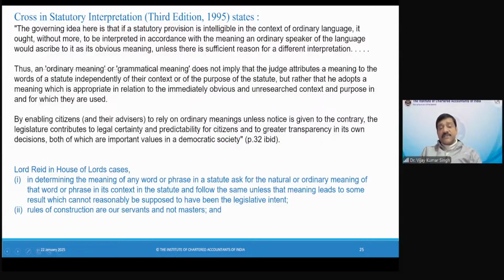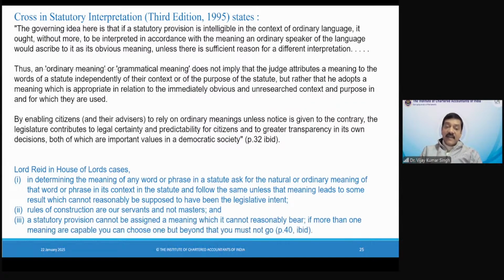Similarly, he said, rules of construction are our servants and not masters, and a statutory provision cannot be assigned a meaning which it cannot reasonably bear. If more than one meaning is possible, you can choose one, but beyond that, you must not go. This is the basic principle of literal interpretation, which has been laid down in the House of Lords cases by Lord Reed in a number of cases. It is a summary of what Lord Reed had to say. And in Indian courts, we are following a similar kind of interpretation.